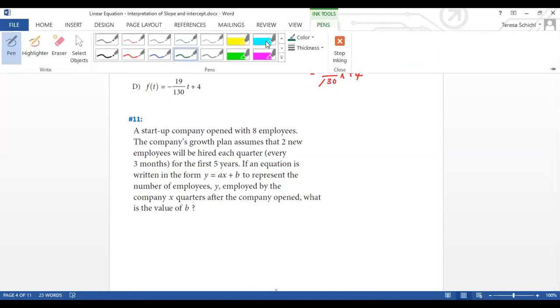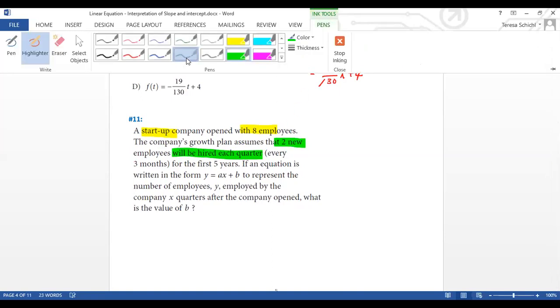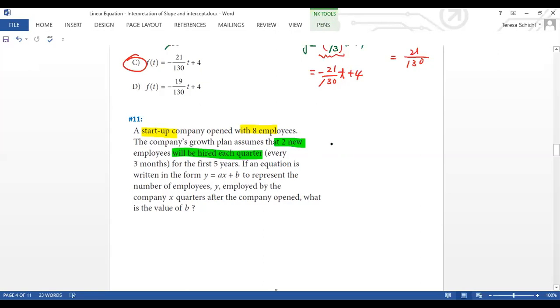Oh, okay, so we are quite familiar with this, right? So initially, a startup, that means initially it has 8 employees. And this company assumed 2 new employees hired each quarter. So I know 2 is my slope, and 8 is the initial number.